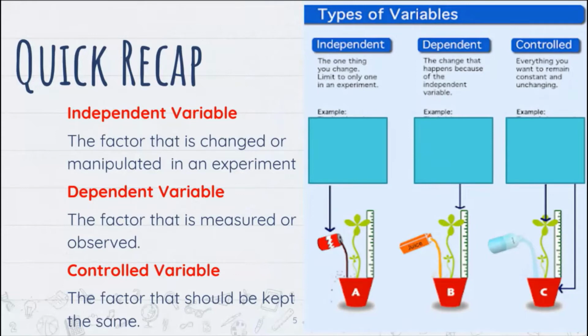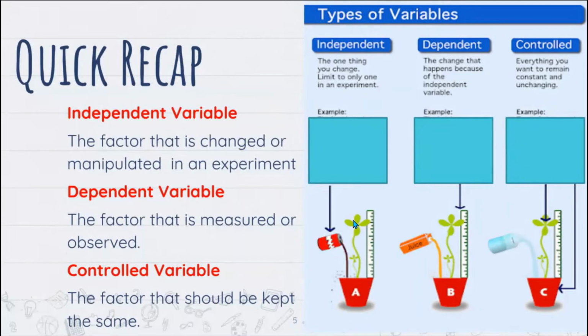Assuming that we are going to plant, and then we water them with 3 different substances. We have a soft drink, we have a juice, and we also have water. Obviously, we are changing the kind of substance that we use to water these plants.